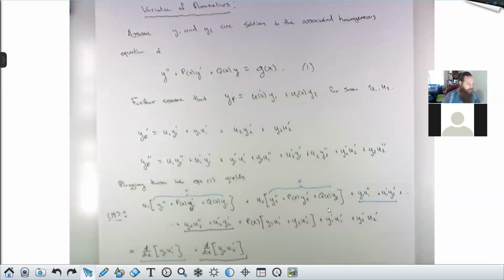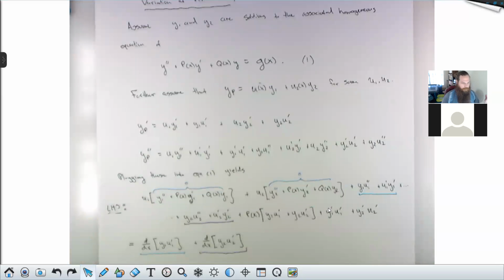It's a creative way of recognizing product rule derivatives. And then what else lingers? We still have our p of x times (y1 u1 prime plus y2 u2 prime), and then the two terms at the end. So this is still here, and these are still there.